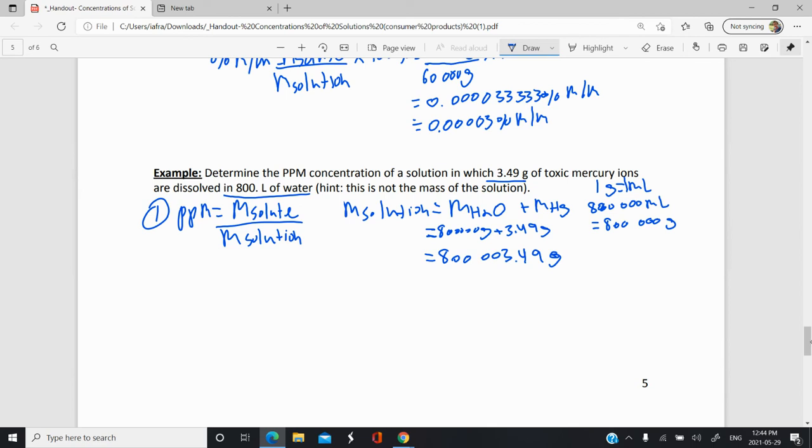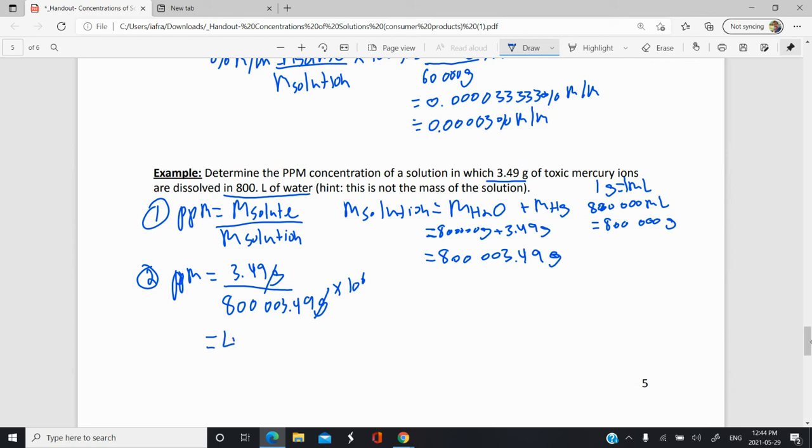So we can go ahead and do this. Our ppm is going to be equal to the mass of the solute, mercury, 3.49 grams, over the mass of the solution, times 10 to the power of 6. So 3.49 divided by that times 1,000,000.